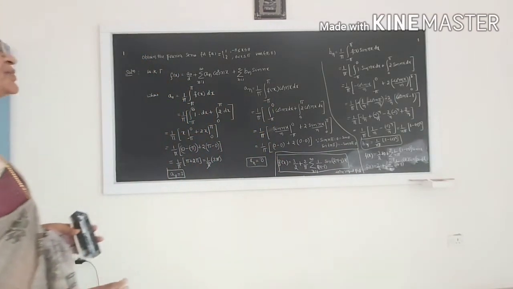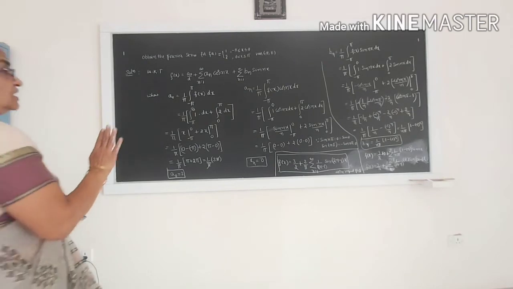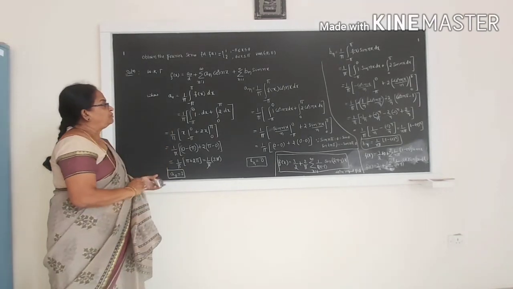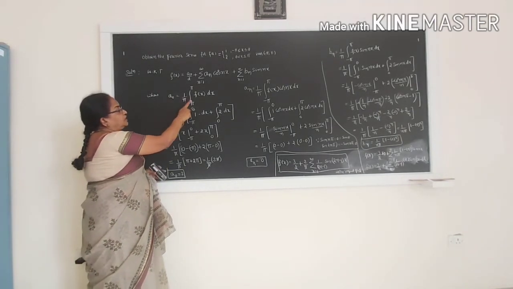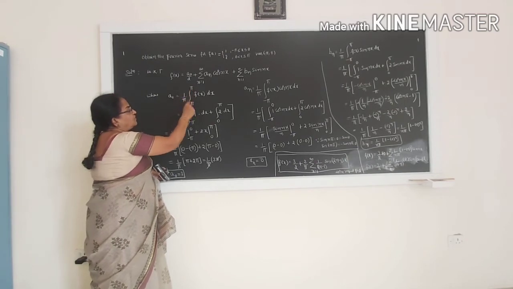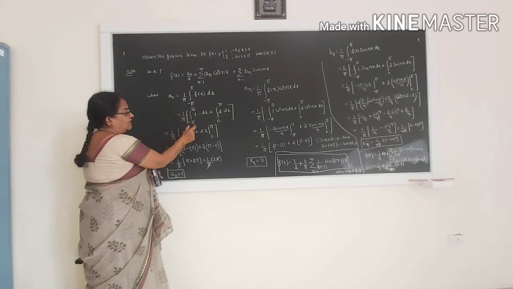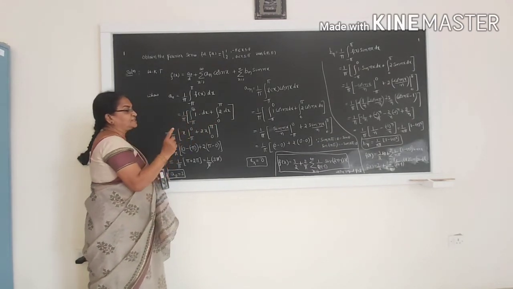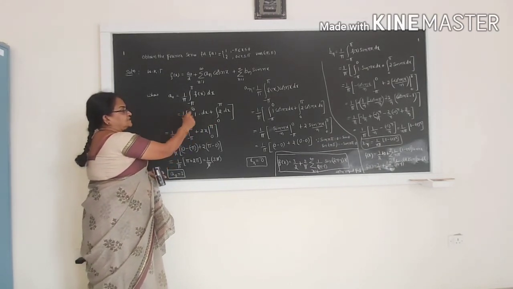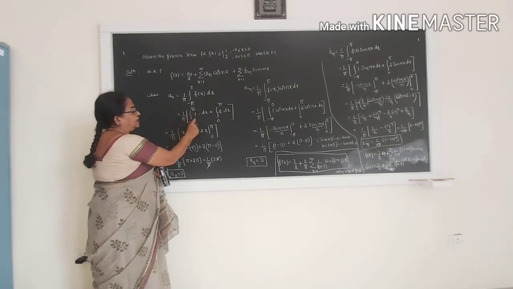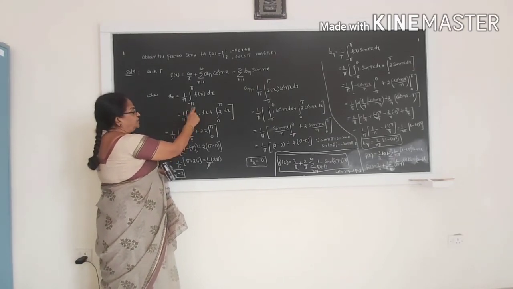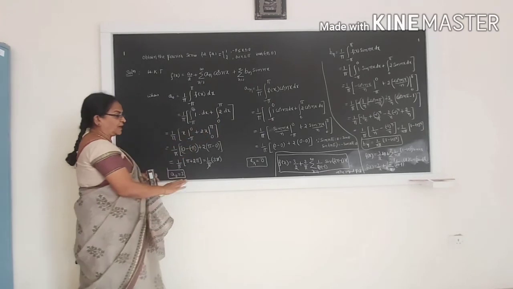Is it okay? Here, the only thing we need to remember is, instead of finding the integral from minus pi to pi, I divide the integral into two parts because f of x is defined in a different way in the interval minus pi to 0 and 0 to pi.